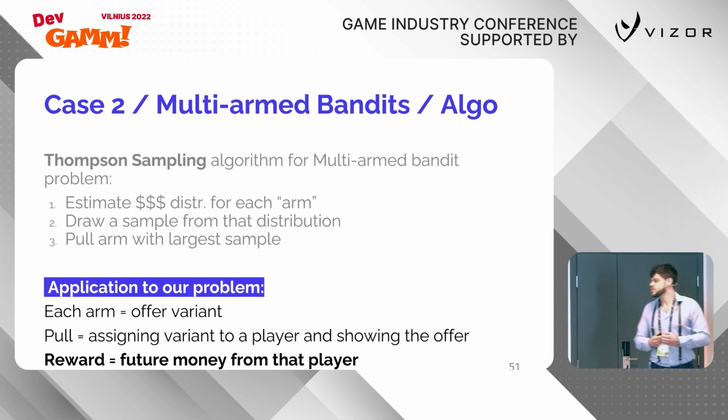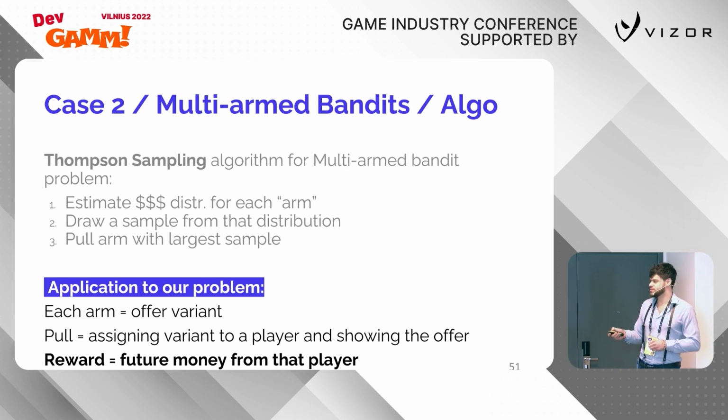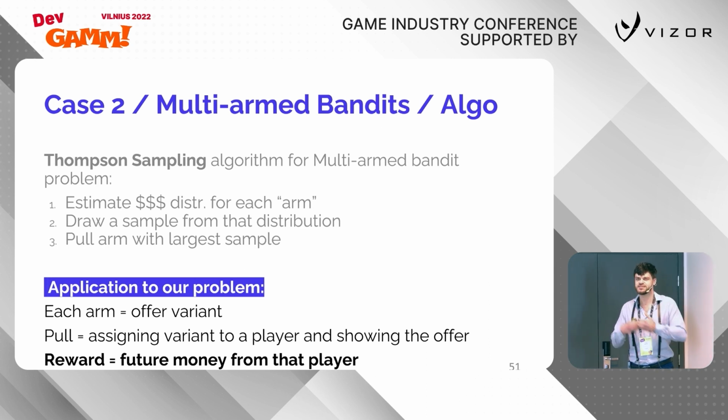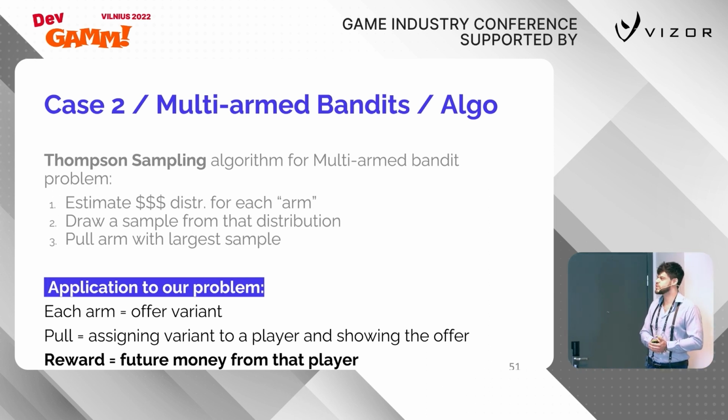What we do is we estimate a distribution for each arm, or for each combination of parameters and offers. And then we draw samples from this distribution, and we pull the arm, or we show the player the offer with the largest sample.